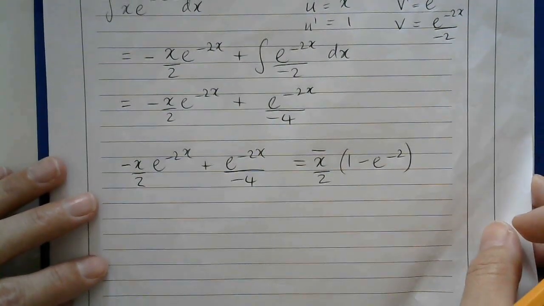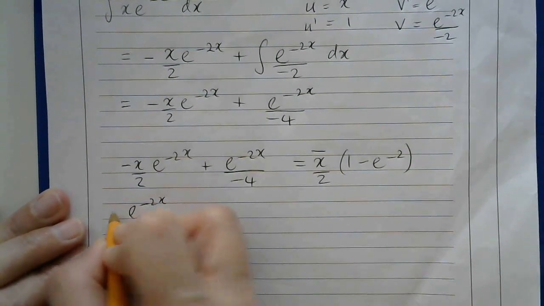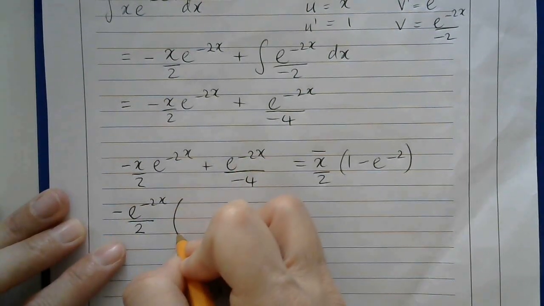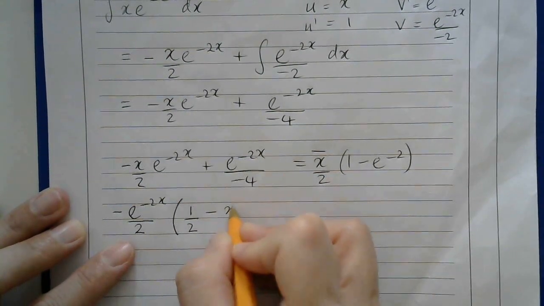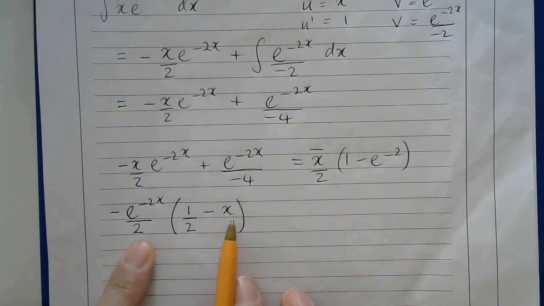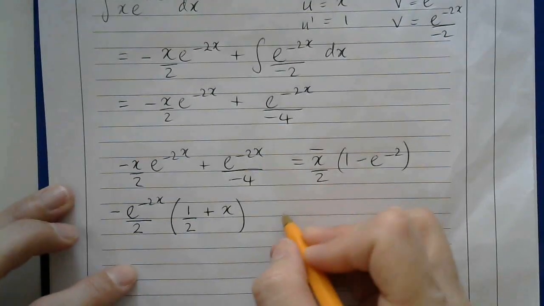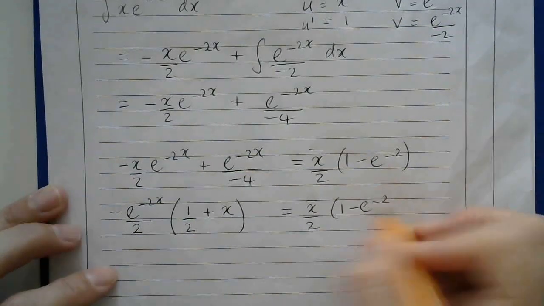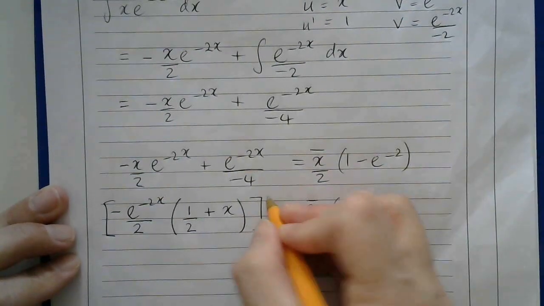And that will just make it a little bit nicer. So I'll just rewrite that. e to the negative 2x, negative over 2, multiplied by half minus x. So this times this makes that, and this times this, whoops, that's a plus, this times this makes this. Okay, and so this needs to be evaluated from 0 to 1.